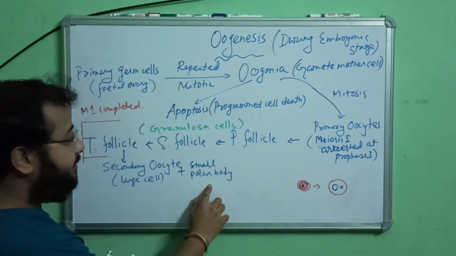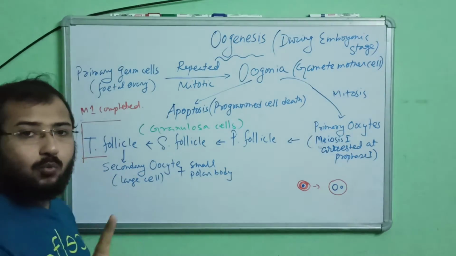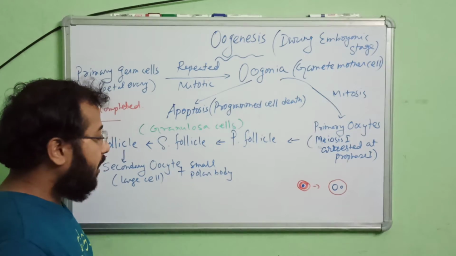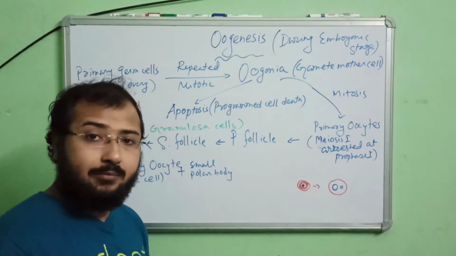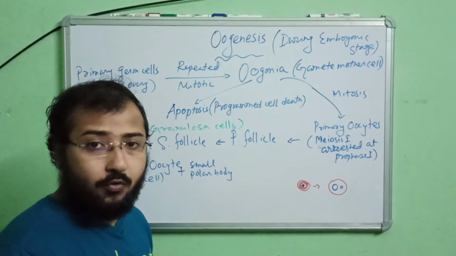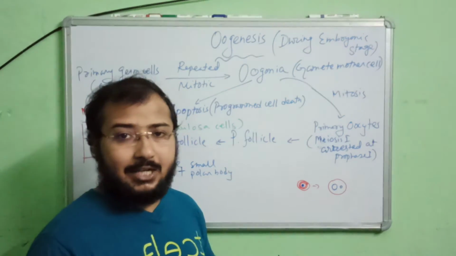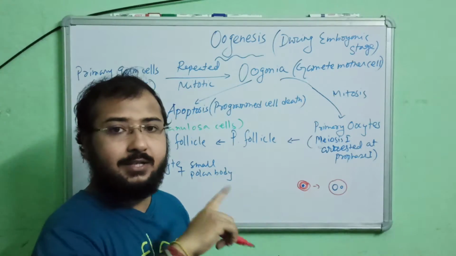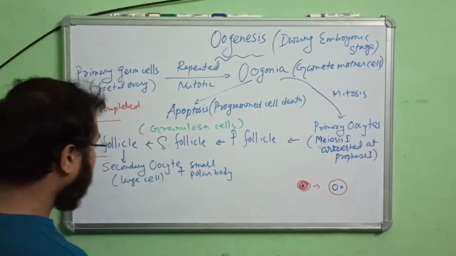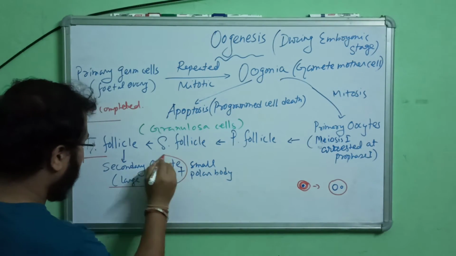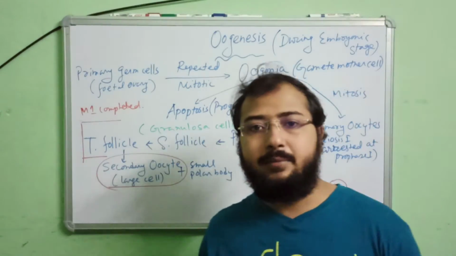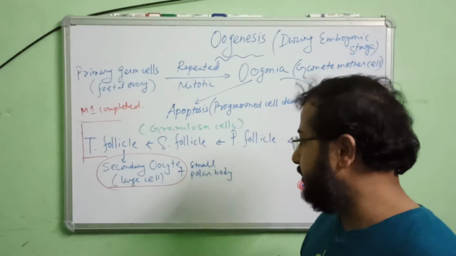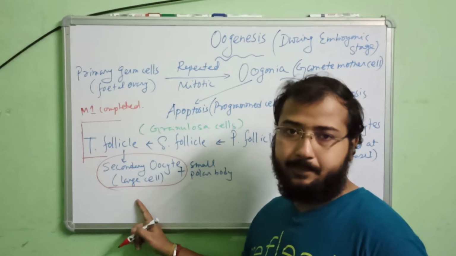These two cells develop as a result of meiosis 1 completion. Now remember, our egg formation is actually done. The ovum, the female gamete that we are looking for through this process, is already developed. Which one is this? The secondary oocyte is the egg, or the female gamete, or ovum, whatever you say. It is already produced here.